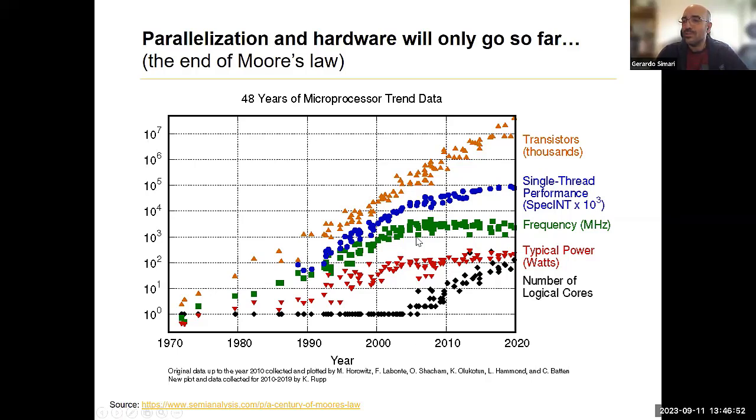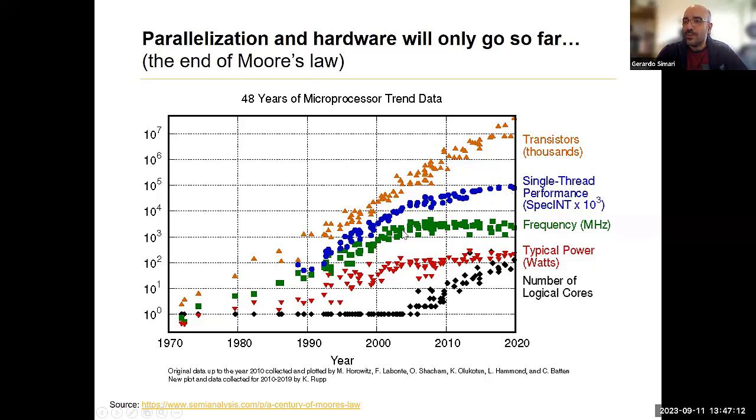So what started happening is the single thread performance, like I was just mentioning, took a turn there. You're still getting more, but not that much, and it seems to be topping off at 10 to the 5 here.